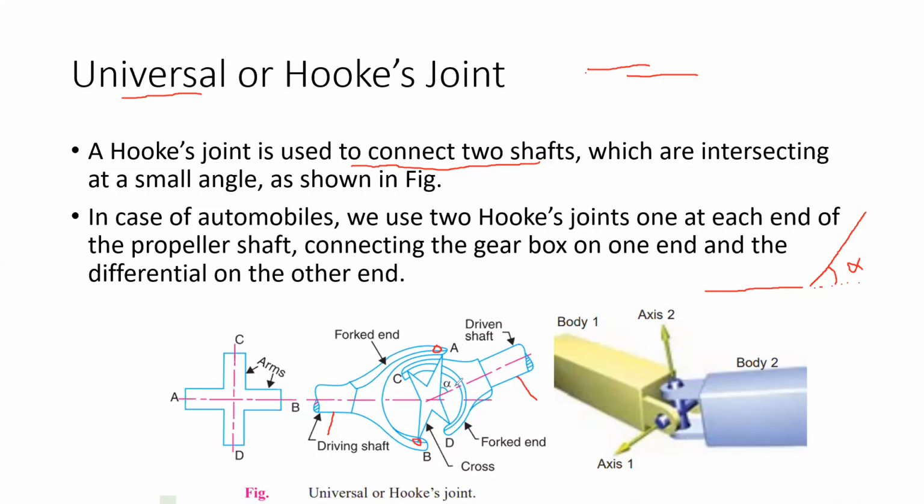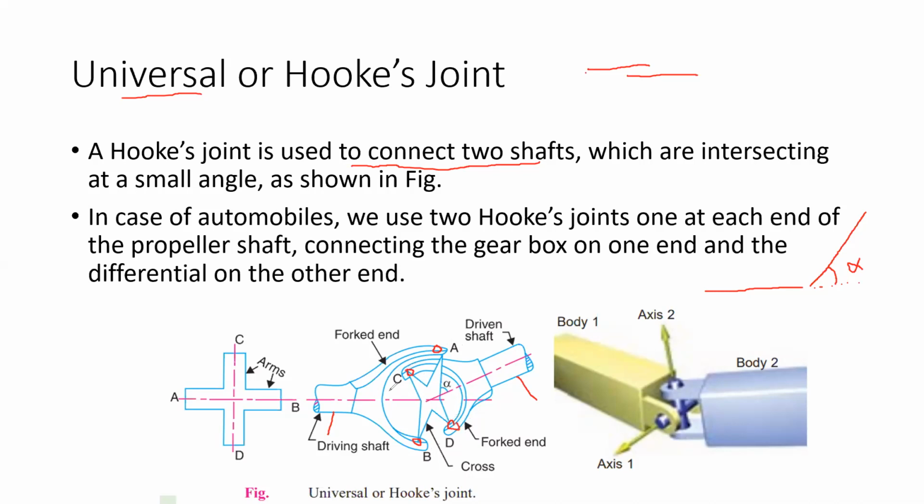Similarly, the driven shaft will also have a forked end. Its end is in the form of a fork, and it will also have bearing holes, like this.